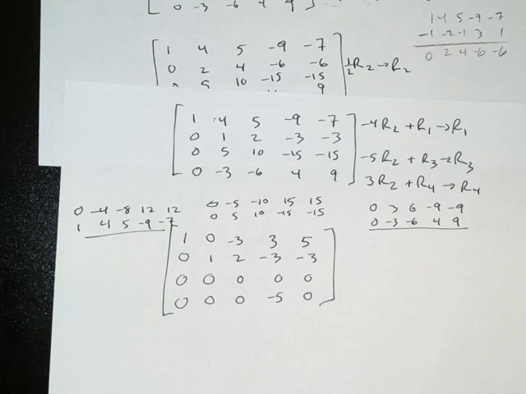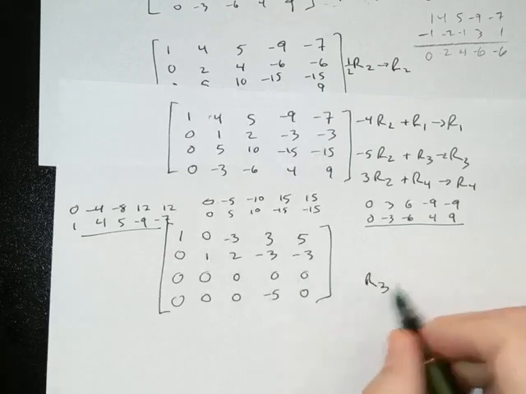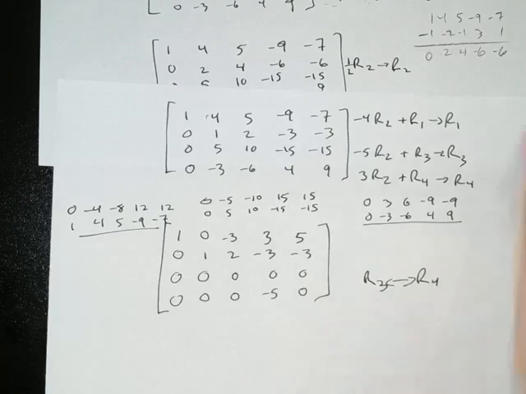I can't just add to a row. I have to add a multiple of something. Aha, I don't want to multiply by 5, and I want it to be negative, because I want a positive 1 when I'm done, right? So really, there are 2 steps going on here. I need to do row 3 swap with row 4.